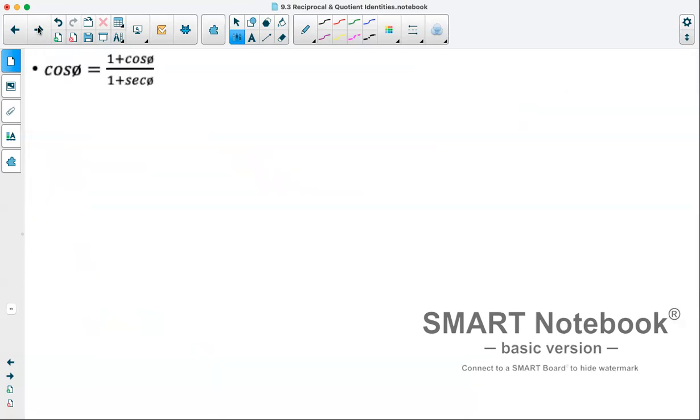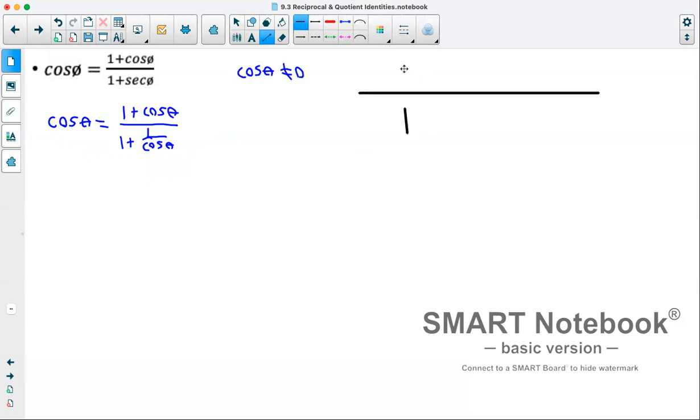Next one, we've got cos theta is equal to 1 plus cos theta over 1 plus secant theta. Once again, I will get this in terms of cosine and tan, and then come up with restrictions, and then we'll simplify. So we've got cos theta is equal to 1 plus cos theta over 1 plus 1 over cos theta. So in this fraction, we know cos theta cannot equal 0. Now, if we recall our graph of cosine theta, it starts at maximum.